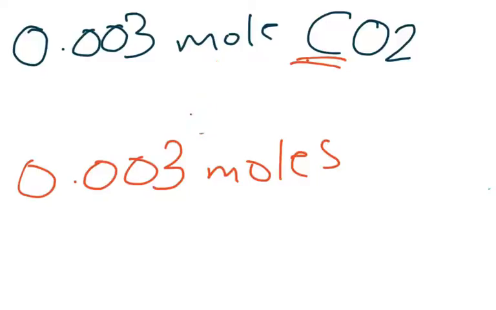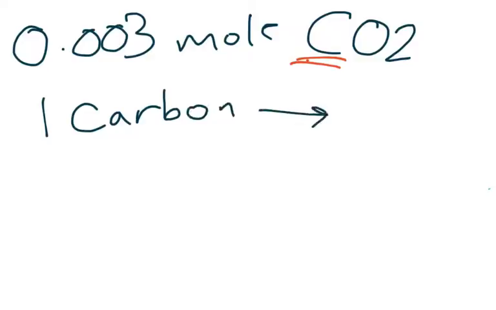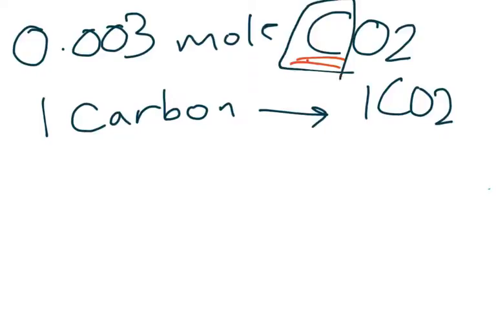So if we want to actually do this as a cross multiplication, we can say that 1 carbon exists for 1 CO2, right? For 1 mole of CO2, we have 1 carbon. Okay, let me just write it on the right side.